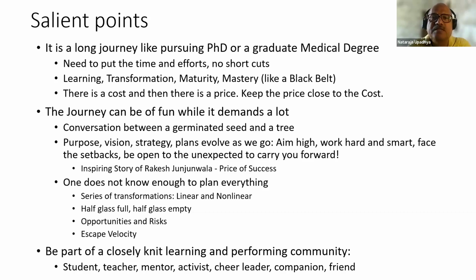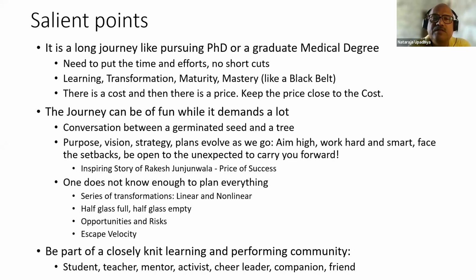Therefore, the learning objectives are not optional, they are mandatory. So we need to put in the time and effort. There are no shortcuts in this. So we need to learn and transform, starting as an idiot, to become an expert. There is so much maturity that will come, and there will be mastery because of the learning, transformation and maturity. Eventually we will become a master. So I would say 5 years' worth of work we need to put in.